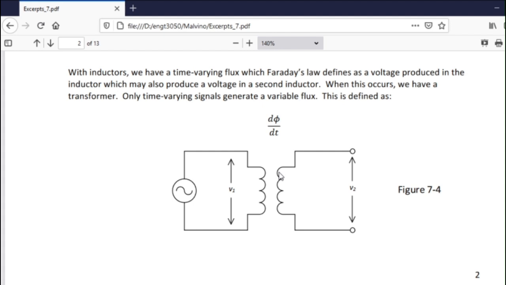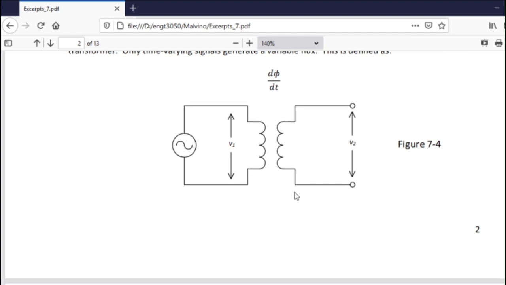Another thing we talk about with transformers is this thing called flux, and that's why it only works with AC, or a time varying signal. If it's a DC signal, it will not work through a transformer because there is no change in the flux. The change in flux over time is what allows the transformer to actually work.